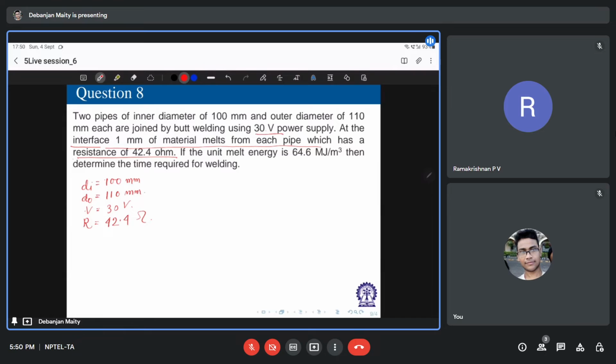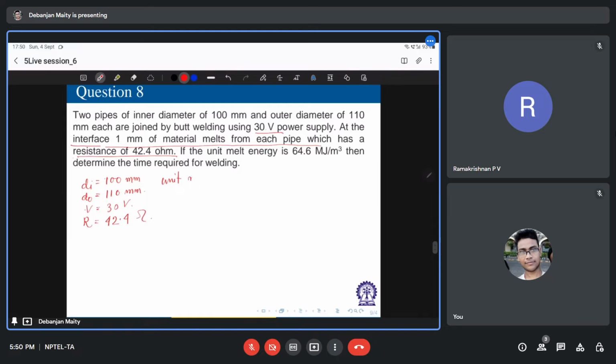So R value is given as 42.4 ohm. Unit melt energy is given as 64.6 megajoule per meter cube.